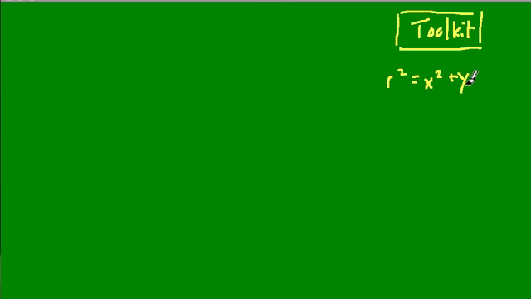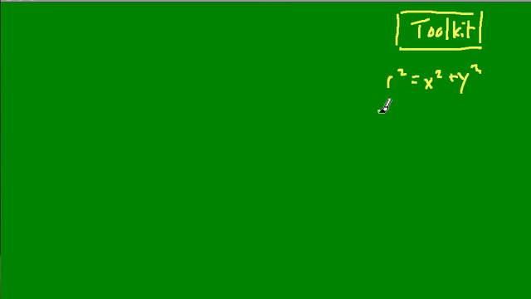To our second polar coordinates video, and here let's just start with our toolkit, right? What's our toolkit to convert between polar coordinates and Cartesian coordinates and back and forth? Well, first we have r squared equals x squared plus y squared. There's one.